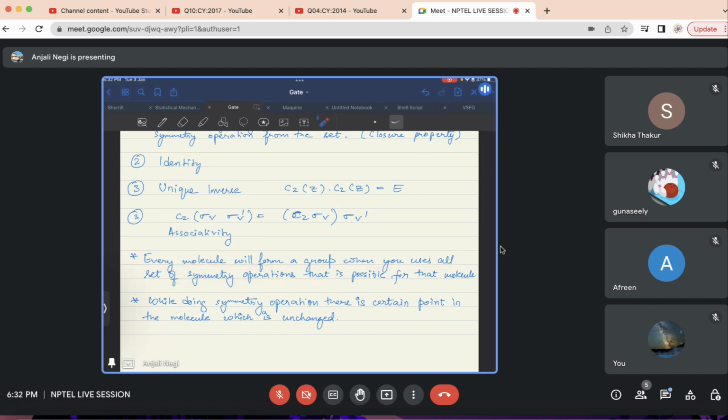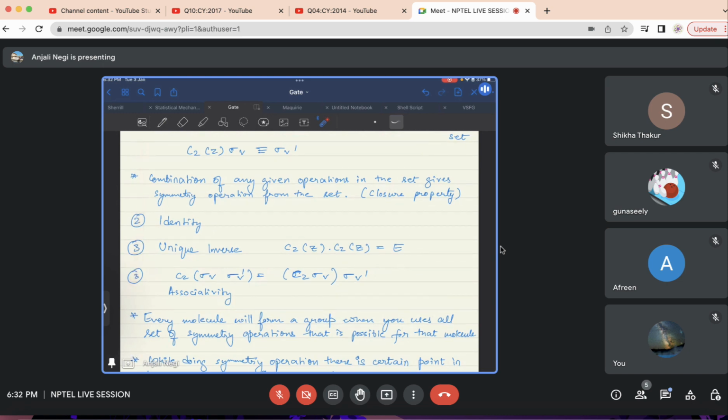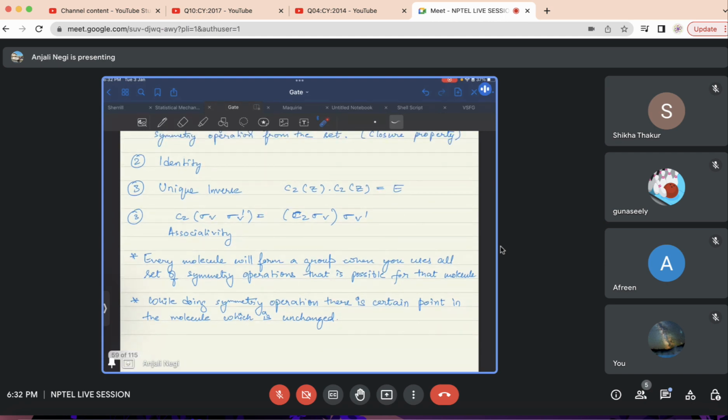So if you have any molecule in your hand and you want to ask whether it will belong to any point group or not, the answer is yes, it will definitely belong to one of the point groups, because if you write down the whole set of operations applicable for that molecule, then it will definitely follow all these 4 criteria, and that is why it will make a point group.